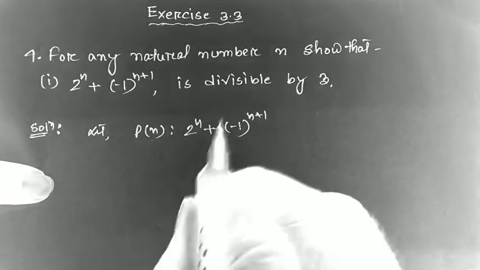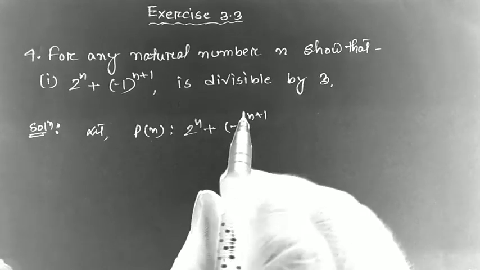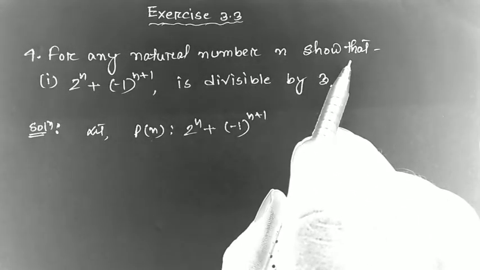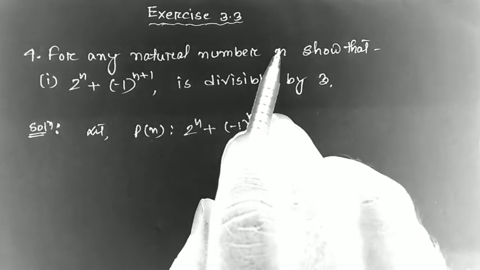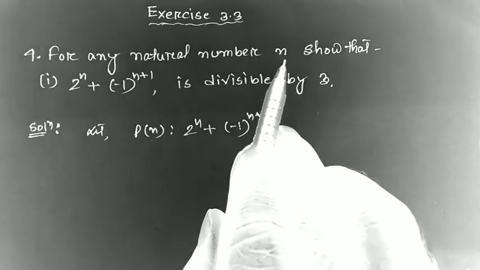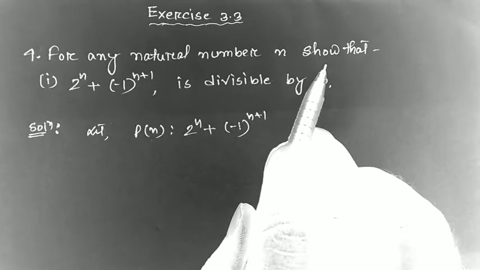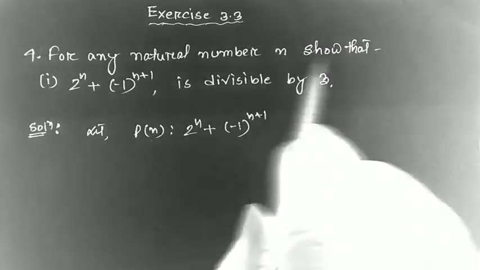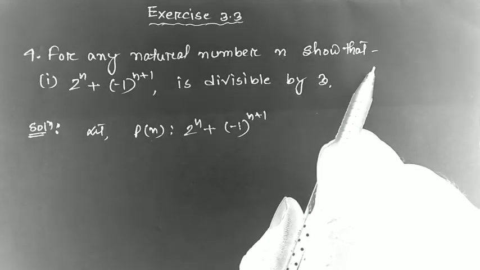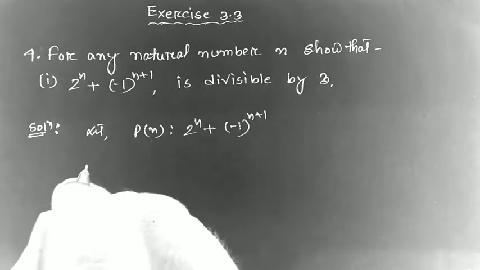This statement is taken as Pn. Since n is any natural number, first of all we have to prove it for n equal to 1, then we will assume it for n equal to k, then we will prove it for n equal to k plus 1.